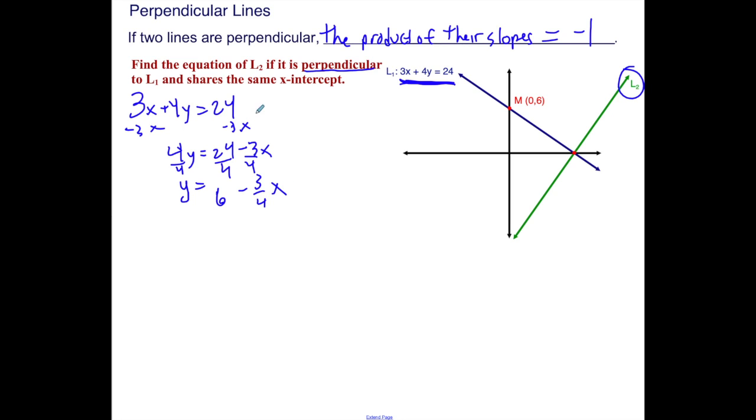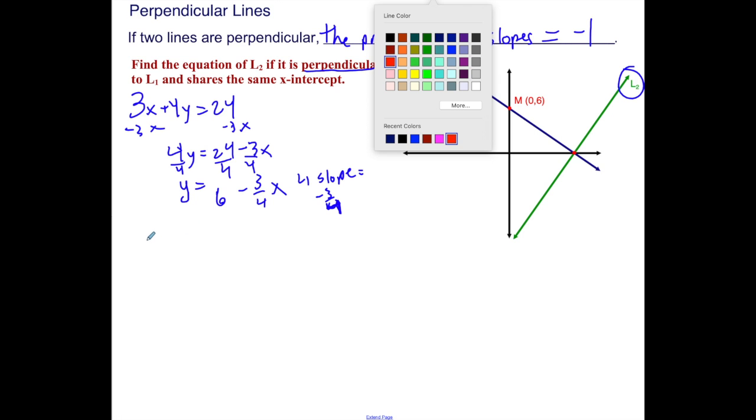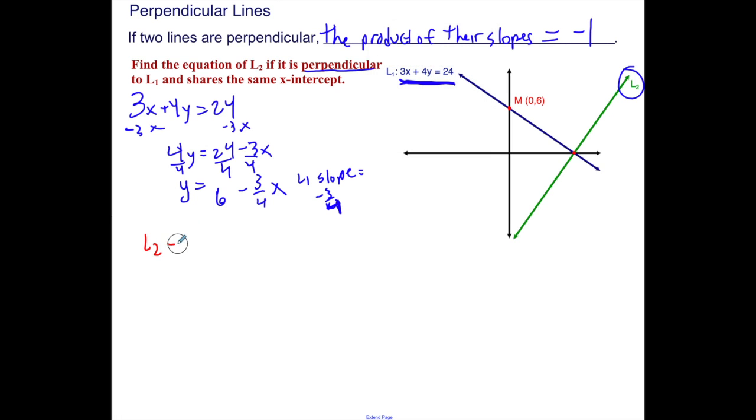Which means for L1, the slope equals negative 3 over 4. And like you remember from Algebra 1 or 2, the opposite reciprocal is going to be the slope of the perpendicular line. So that means that L2 slope must be positive 4 over 3.